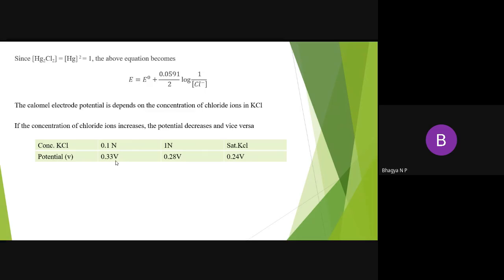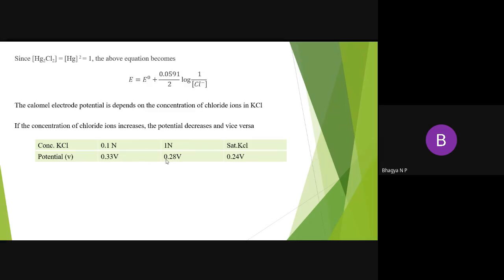If you use one normal, we get 0.28 volt. When you look here, from 0.1 to 1, the concentration of KCl increases. If it increases, what happens to the potential? Automatically it decreases. So that is what we are seeing.